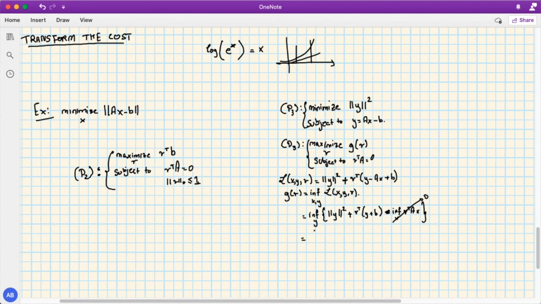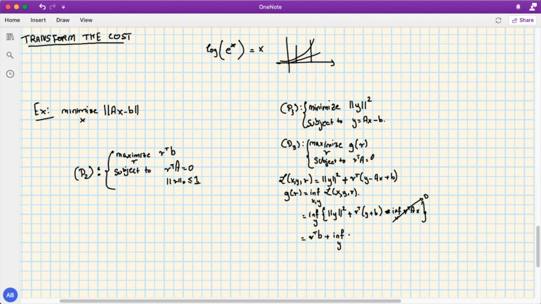Okay, so let's isolate the term that doesn't depend on y, which is nu transpose b. We get nu transpose b plus the infimum over y of the norm of y squared plus nu transpose y.